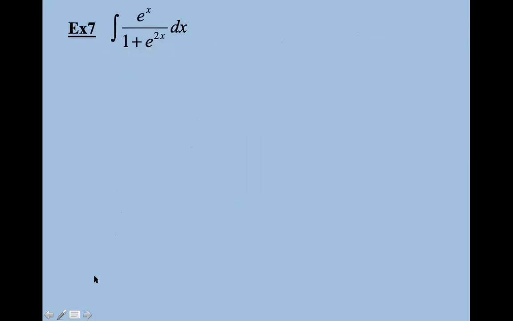Now this time, one like this could come up. Again, we have a fraction. Our thought process is, is this a possible ln? Well, let's look. If I make u equal to 1 plus e to the 2x, because I'm thinking this is possible ln, our du would be equal to, derivative of 1 is 0, derivative of e to the 2x would be equal to 2e to the 2x.